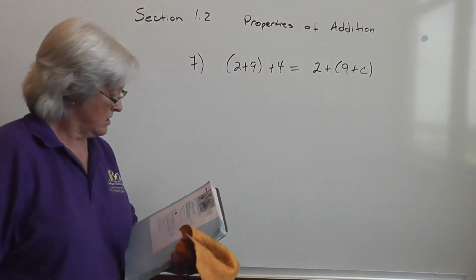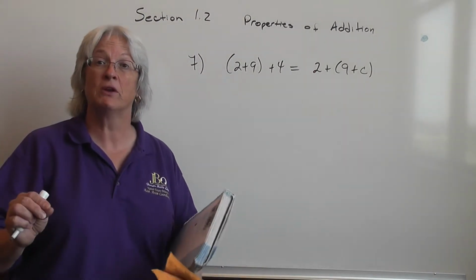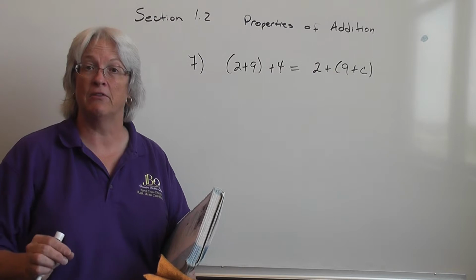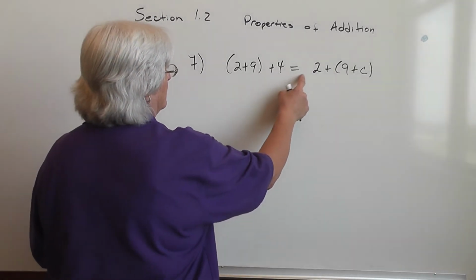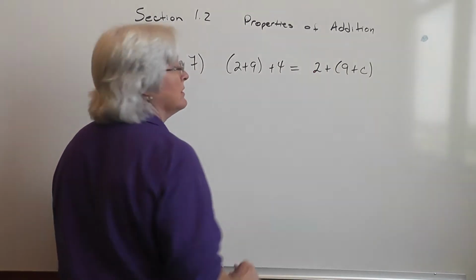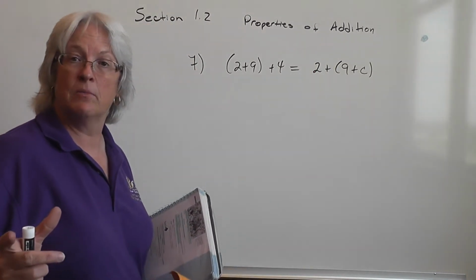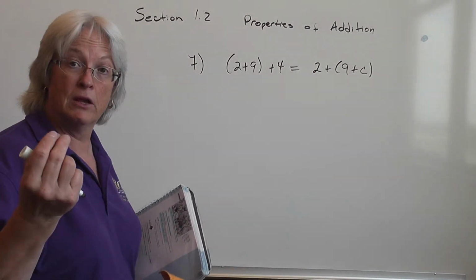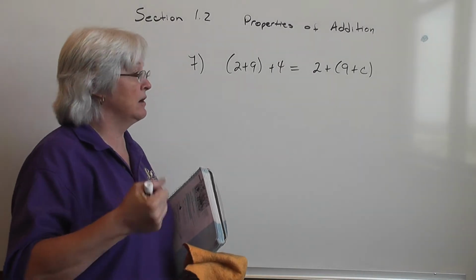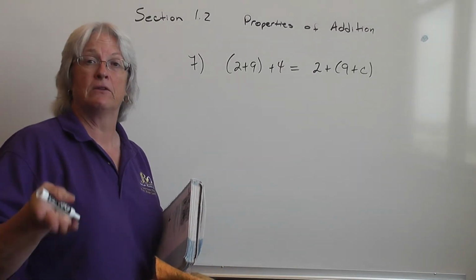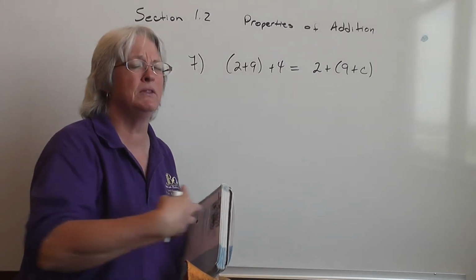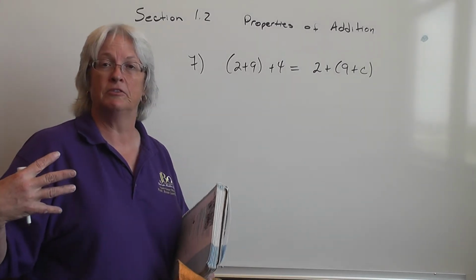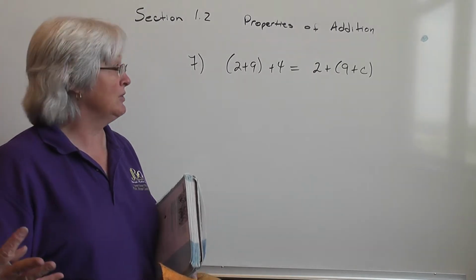And they say, use the properties of addition to find the value of each variable. C is a variable. They want us to come up with the number, the value associated with C here. Now what we did last time, we saw that variables can represent any one of a number of different values.